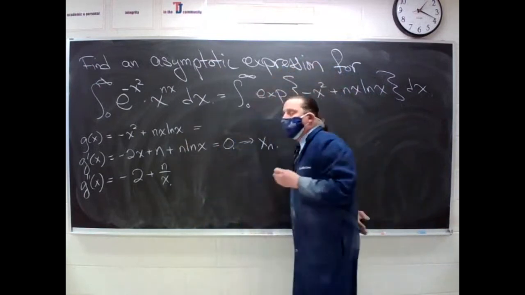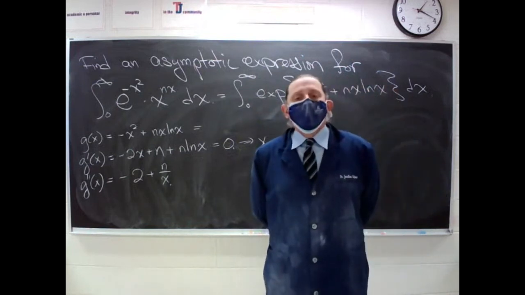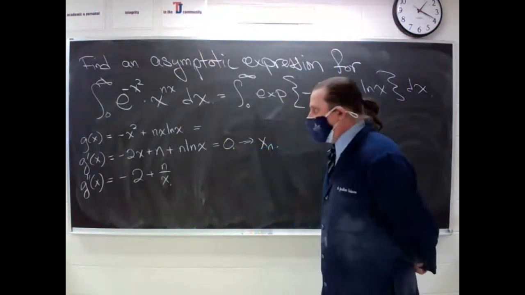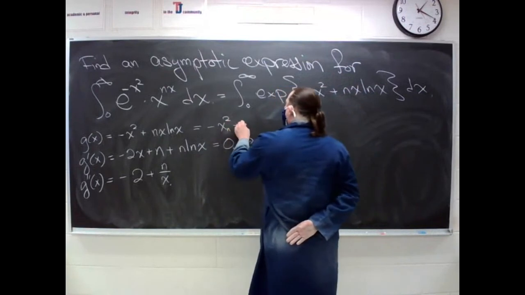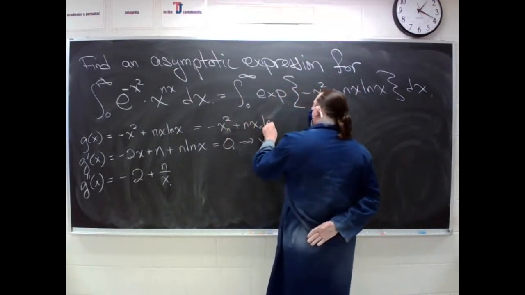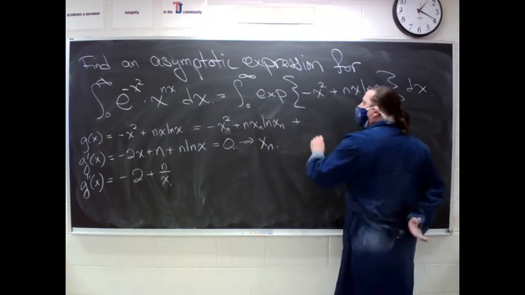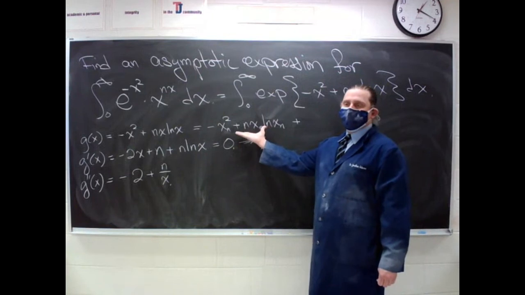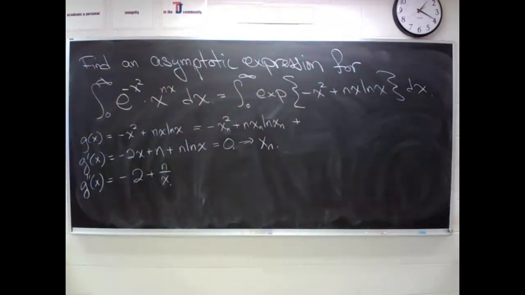Step 4. Make a Taylor series expansion for the exponent centered at the maximum value. So I do the value at xn. G prime of xn is 0.